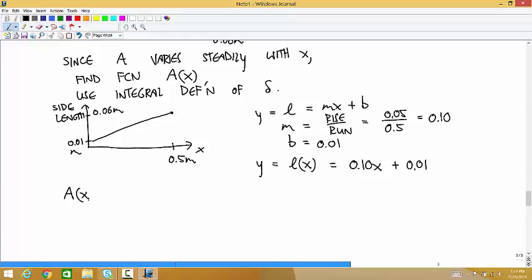The area is just equal to the side length squared. So that's 0.1x plus 0.01 squared.